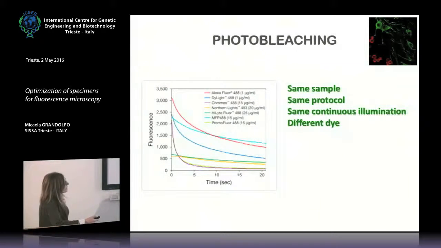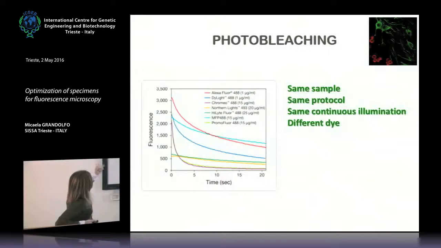Okay. What I would like to show you is this diagram. It was difficult to find this diagram, and it was impossible to find something like that for other fluorophores. This is a comparison between 7 different green emitting fluorophores. You can see Alexa 488, DyLight 488, Chromeo 488, Northern Lights, and so on.